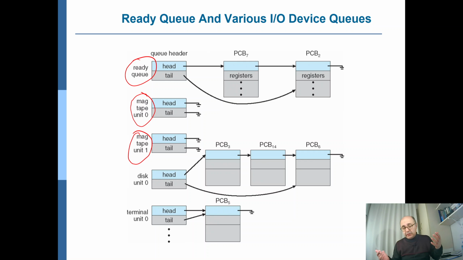Typically you will not use magnetic tapes a lot, but you will have, for example, multiple disks. So for each disk, you need another queue, because the process that's using, say, disk 0 has to read or write a lot of data, so it would be too slow.